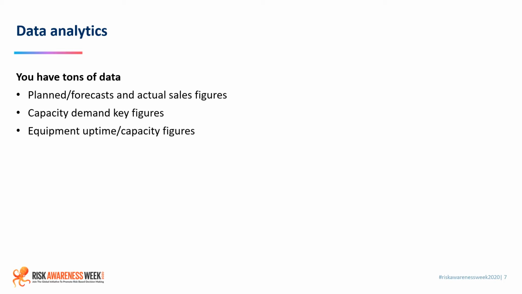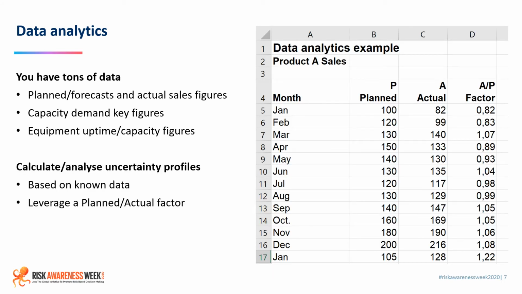We have capacity demand key figures of how much capacity requirement is needed for a given $1 million sales. We have those, and we have tons of those. We have equipment uptime and capacity figures. We have all of those. So why not leverage them? And that is what we will do by doing some capacity or uncertainty analytics on them.